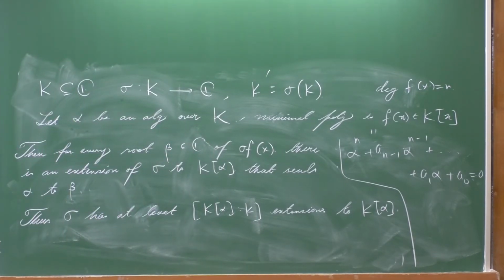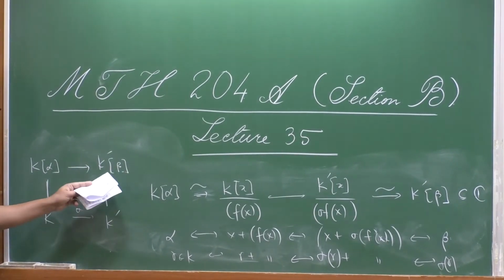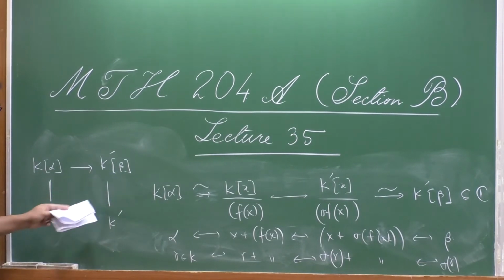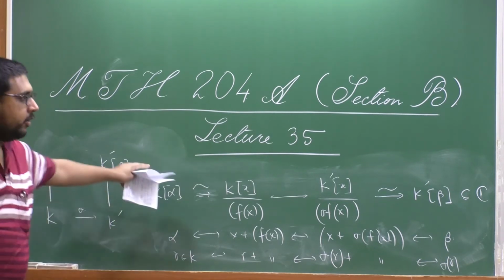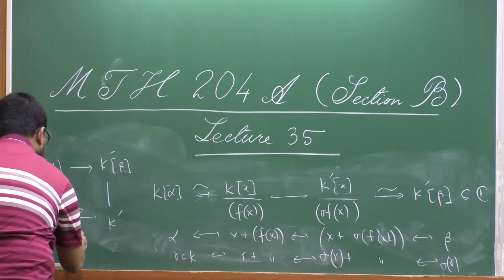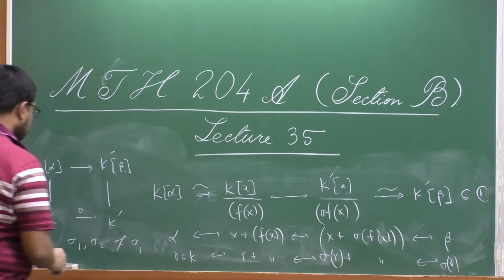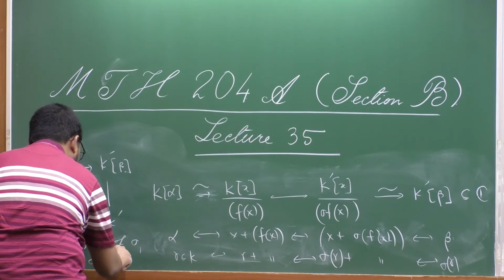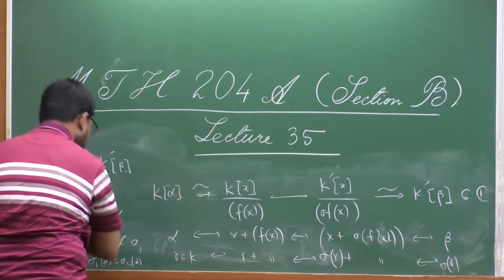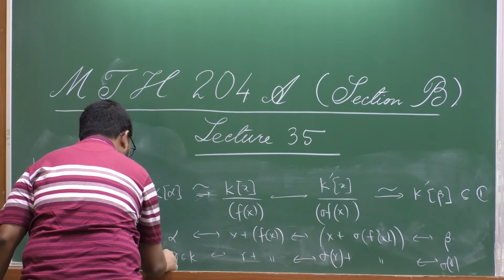Another thing is also quite obvious: suppose we have two extensions sigma 1 and sigma 2 of sigma, such that sigma 1 of alpha equals sigma 2 of alpha, then that will imply sigma 1 equals sigma 2, right?